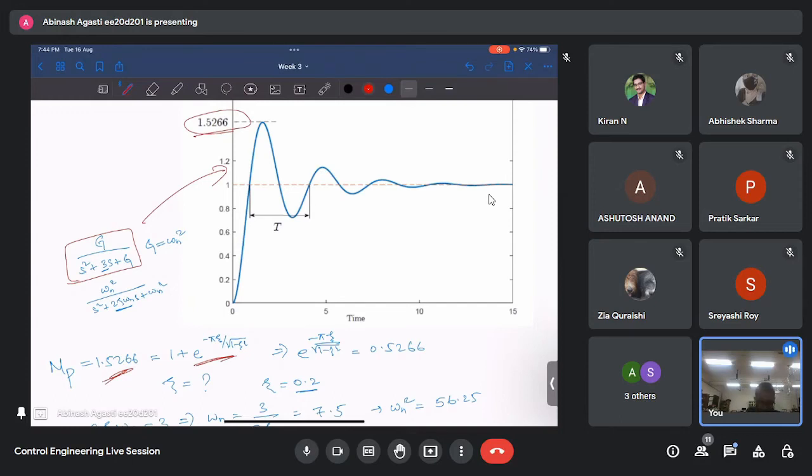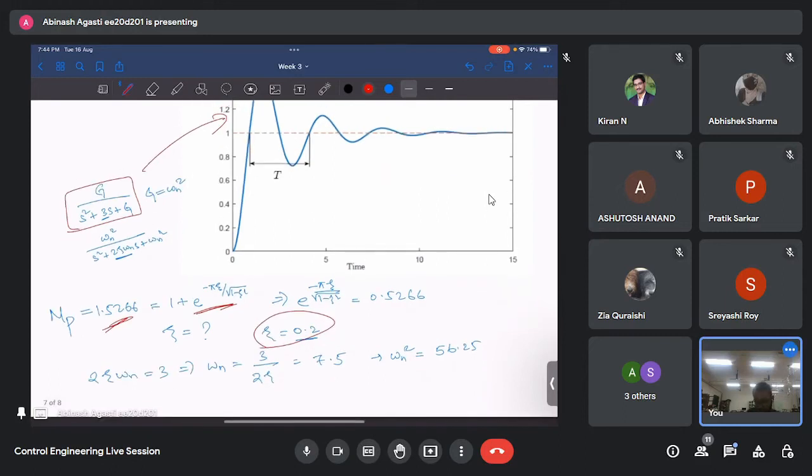We found the damping ratio turns out to be 0.2. Then we compared coefficients of the standard form of the second order system and what we have. Based on that, we obtained that omega n should be 7.5 and consequently G is nothing but omega n square. So we obtained this is G.